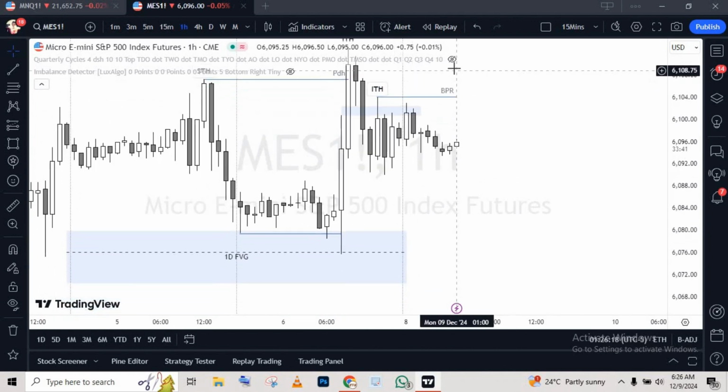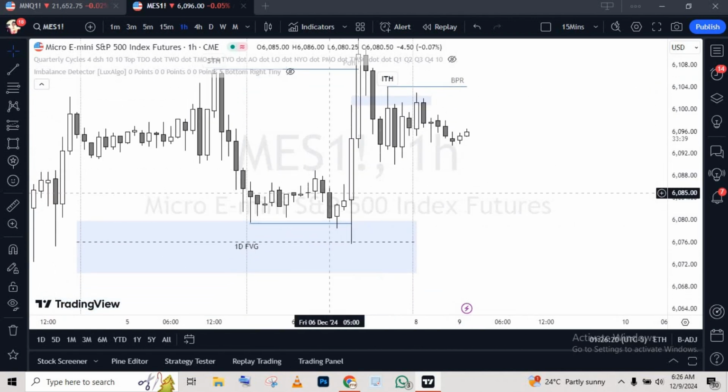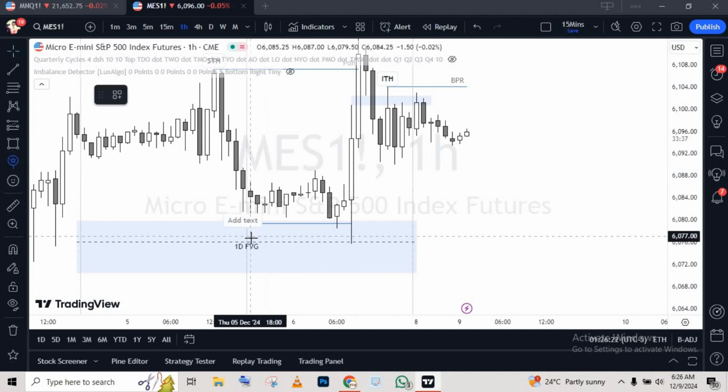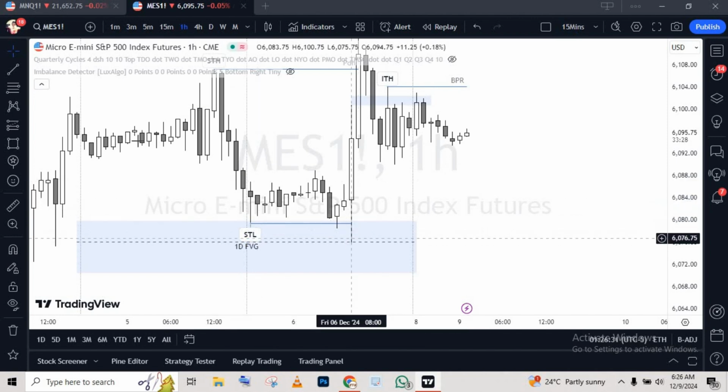Okay. So if you look down here on Friday, you can see that we have our short-term low coming in here. This is our short-term low coming in here. And right here, we have an intermediate term low.